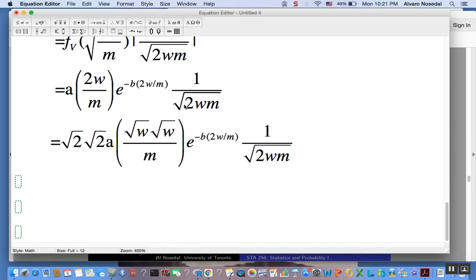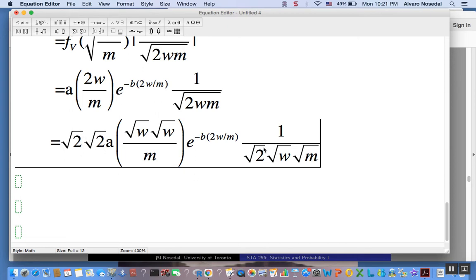And this guy here is the same as the square root of 2 times square root of w times square root of m. So this guy will cancel out with this guy. We're going to end up with one of these guys canceling out with this guy, right?